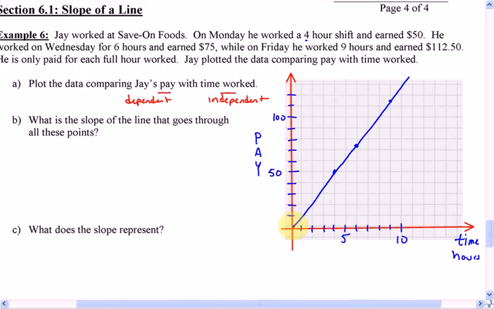Now, this is what we learned last day. After connecting them together, I'm asking you, what is the slope of this line? Anyone want to sing for me? Jan? Do you remember?